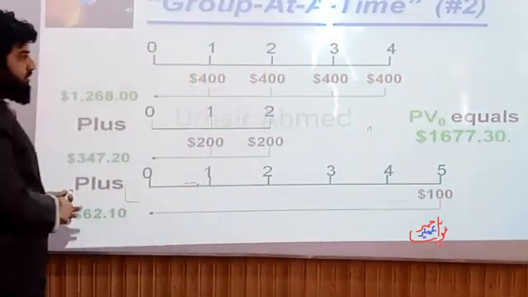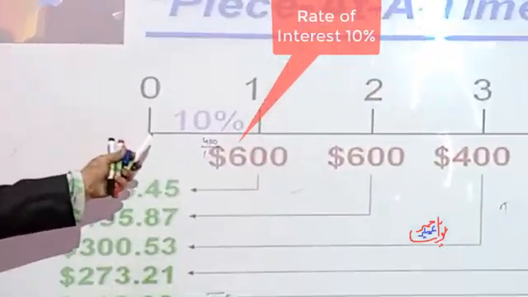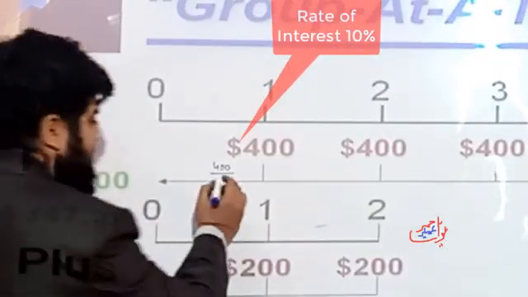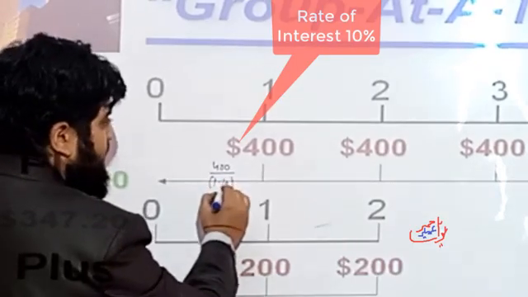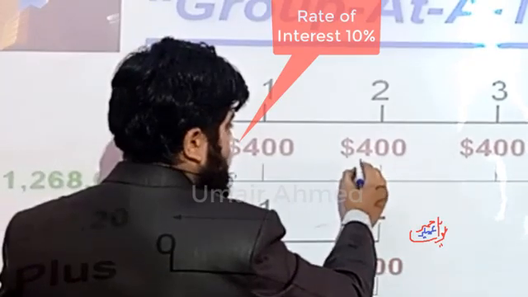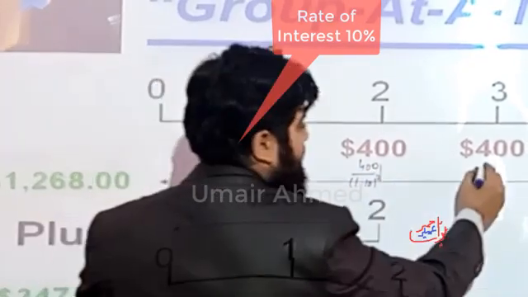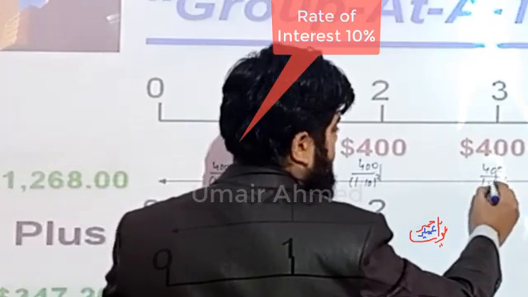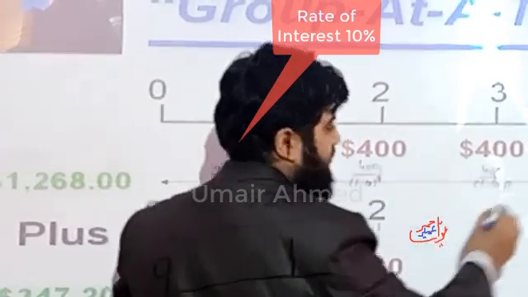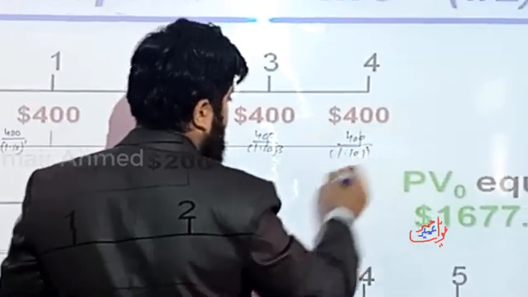Okay, so simply we can use the formula, where the interest rate is 10%. So 1.10 to the power 1, and then 400 divided by 1.10 squared, 400 divided by 1.10 to the power 3, 400 divided by 1.10 to the power 4.